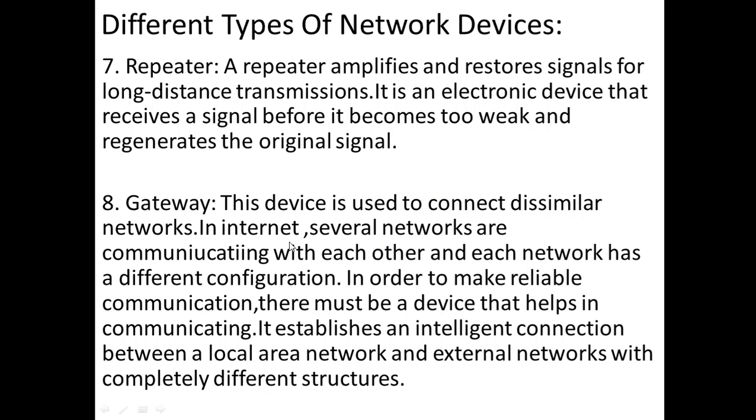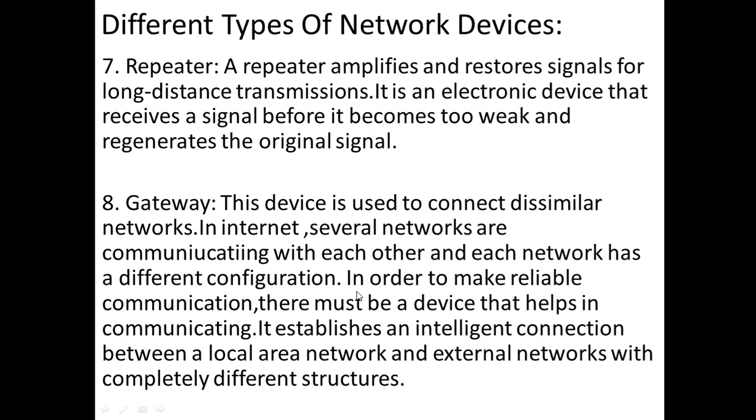In the internet, several networks are communicating with each other. One office, one building, all over the city, many types of different small networks are there. So several networks will communicate with each other, and each network obviously has a different configuration.